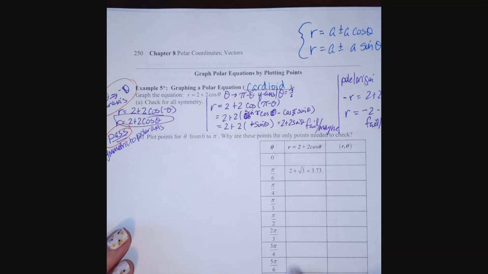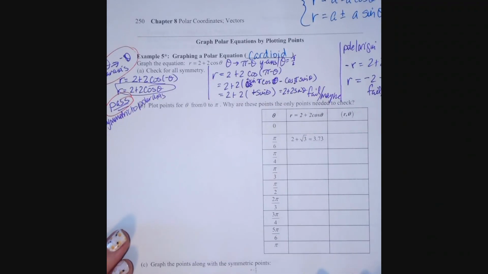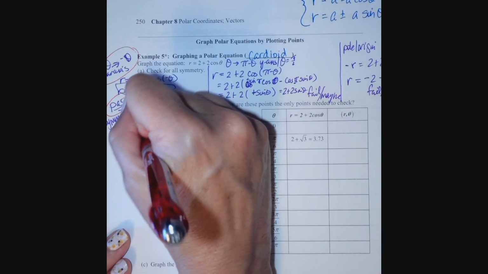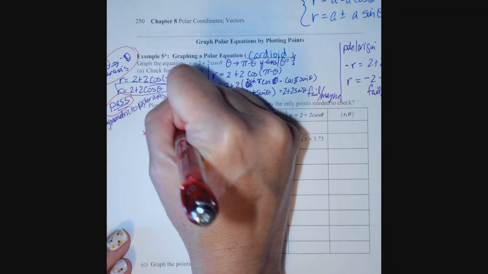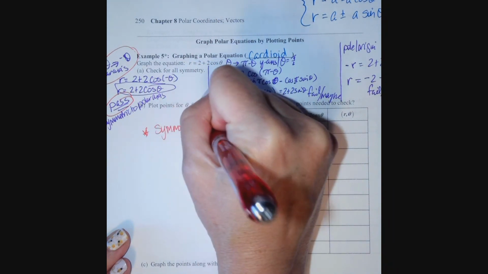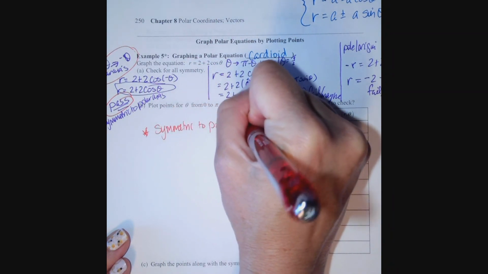And when I set up my chart, I see that I've been told to plot the points from 0 to pi. Why am I only plotting points from 0 to pi instead of 0 to 2 pi? Well, I only have to check half because it is symmetric to the polar axis, my x-axis.